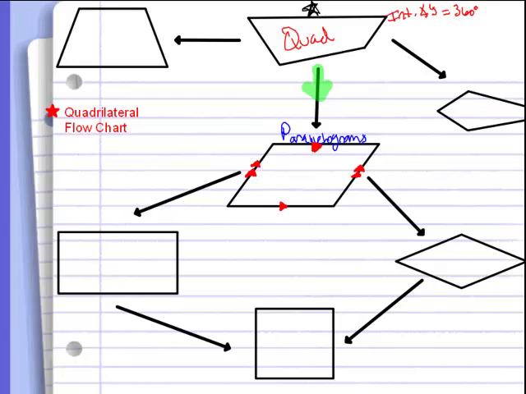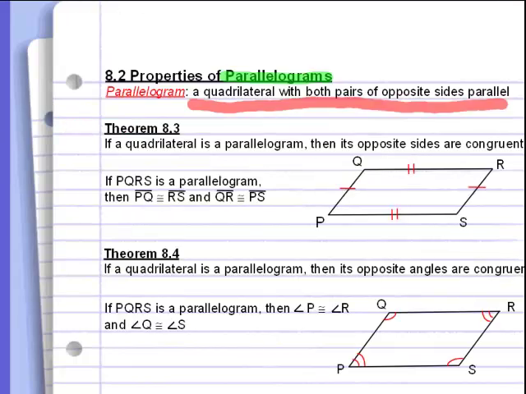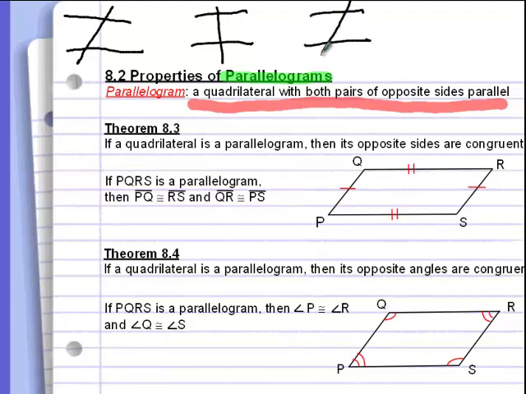Now, as I go back to my notes, the very next thing that I'm going to do, and I want you to do this also, is at the very top we're going to draw four different parallel line structures. Okay, we're going to draw that one, that one, that one, and that one.